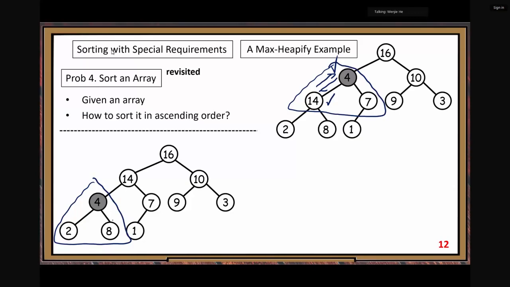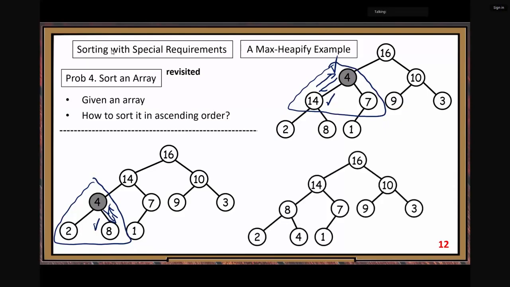Now when we check another violation, at this node, this 8, we need to do the swap. Another round of swap operation.